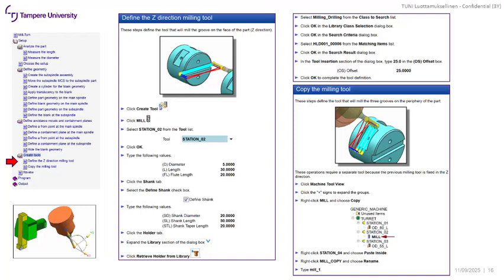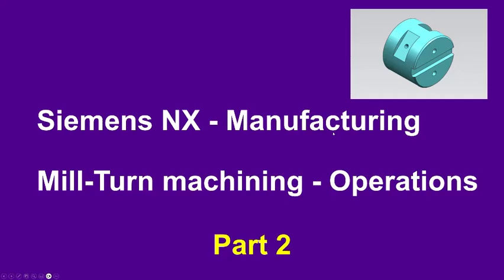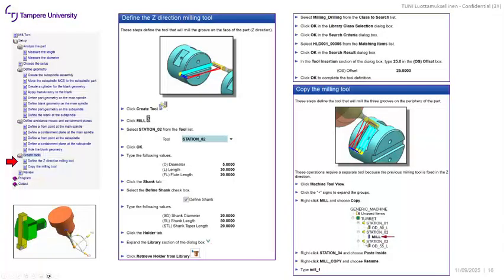For example, here we are defining the Z direction milling tool before we define the main programs. And here is how to define the shanks and also the holder of the parts. You can even search the library of NX to load the component, for example, and then you can copy and rename the parts as needed.